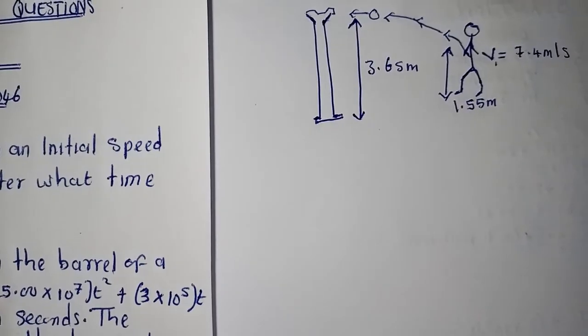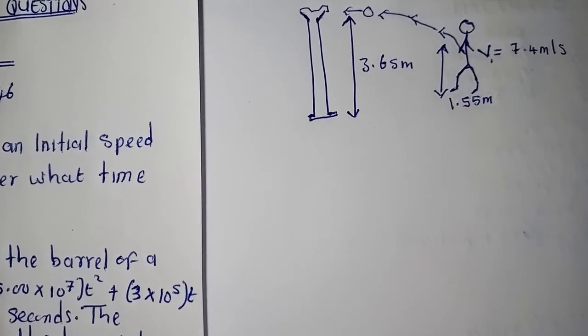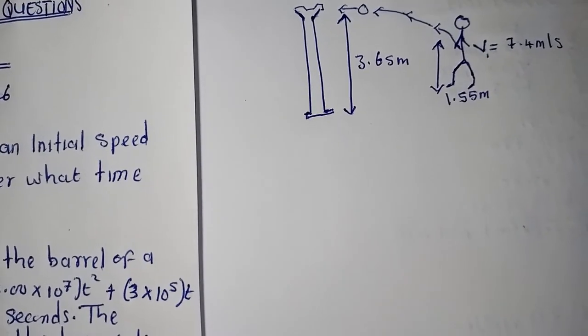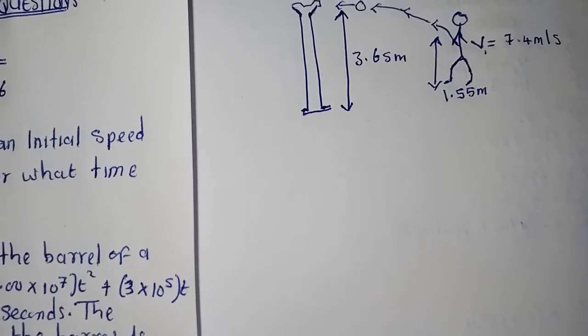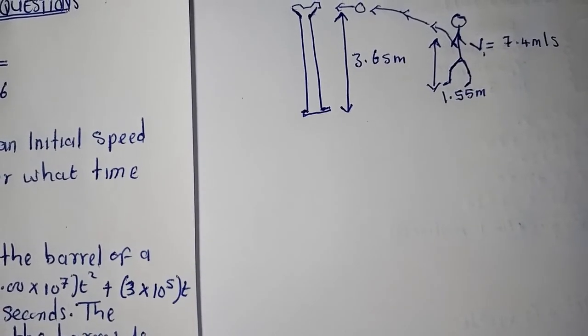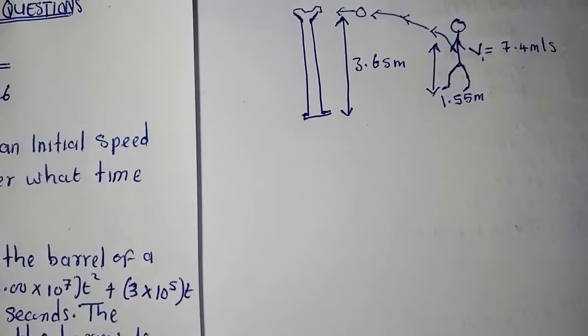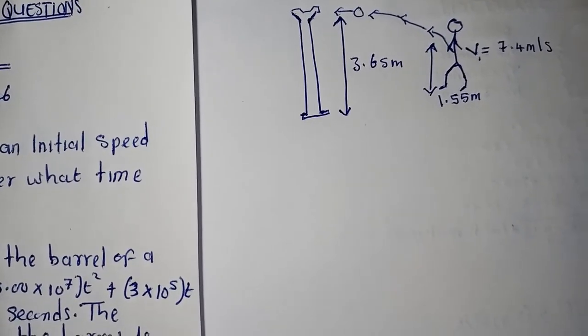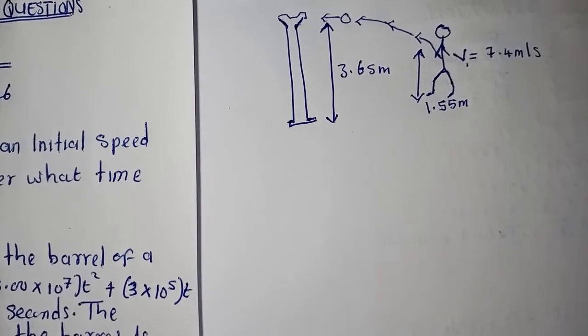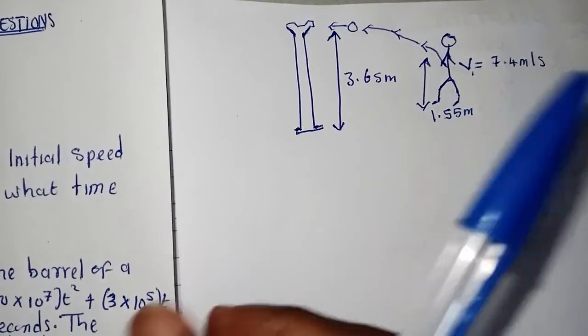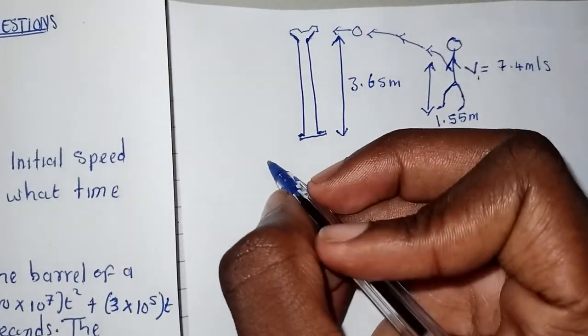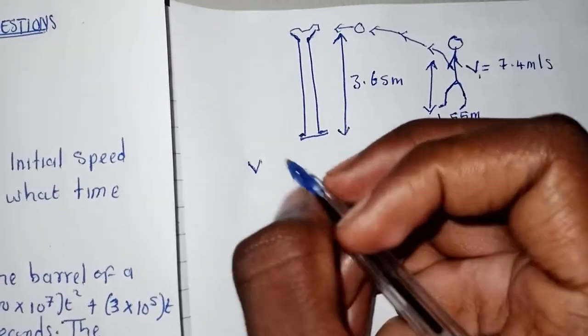They're saying, will the rock reach the top of the wall? You can't answer this question unless you find the speed at which this rock is moving. The speed will help us with everything, so let's try to calculate the speed. In my previous video, I told you that to find the speed there are quite a lot of formulas.